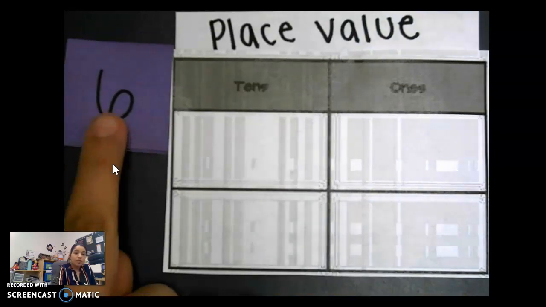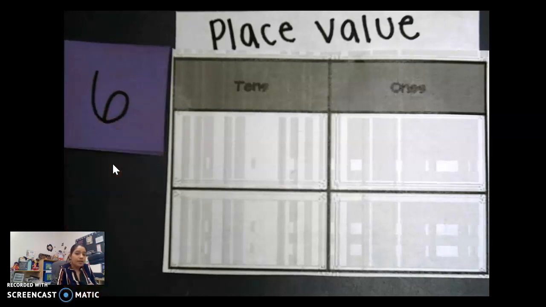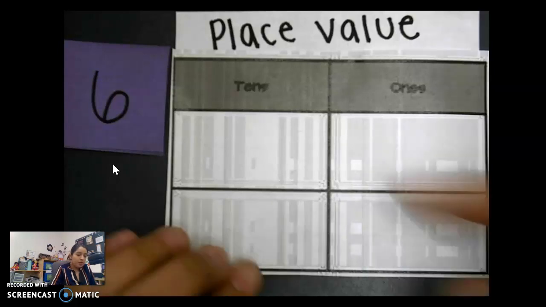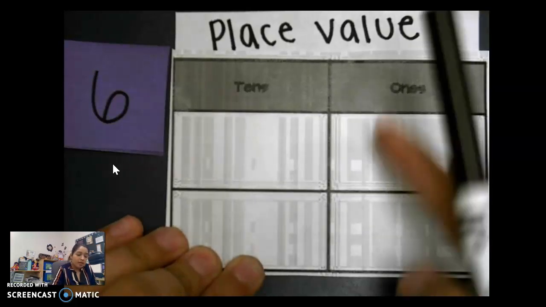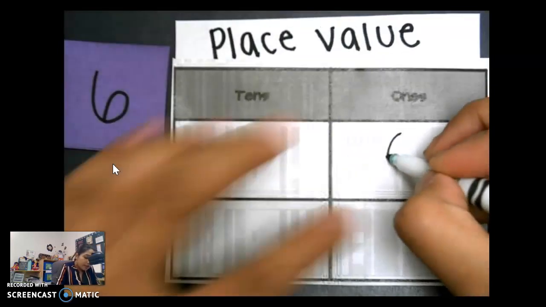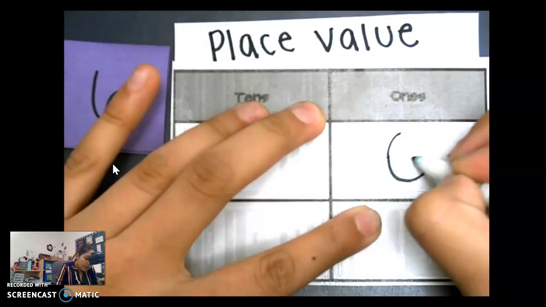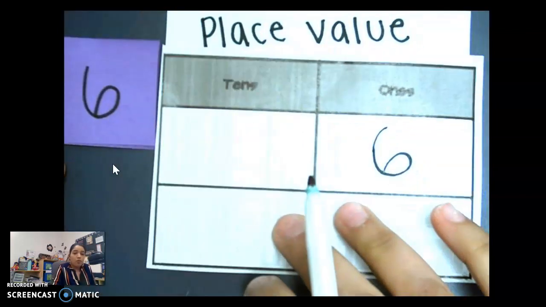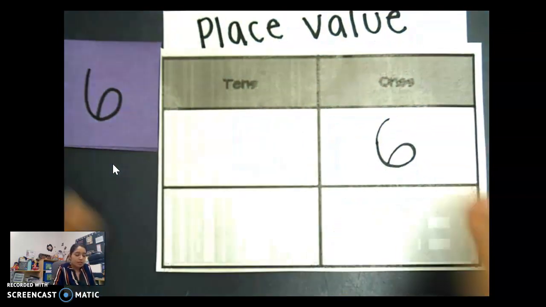There's only 1 digit, so 1 number. And what's that number? 6. Good job. So when there's one number, we're going to put it in the ones column right here. So since 6 is a one-digit number, we're going to go ahead and put it in the ones column, just like this.